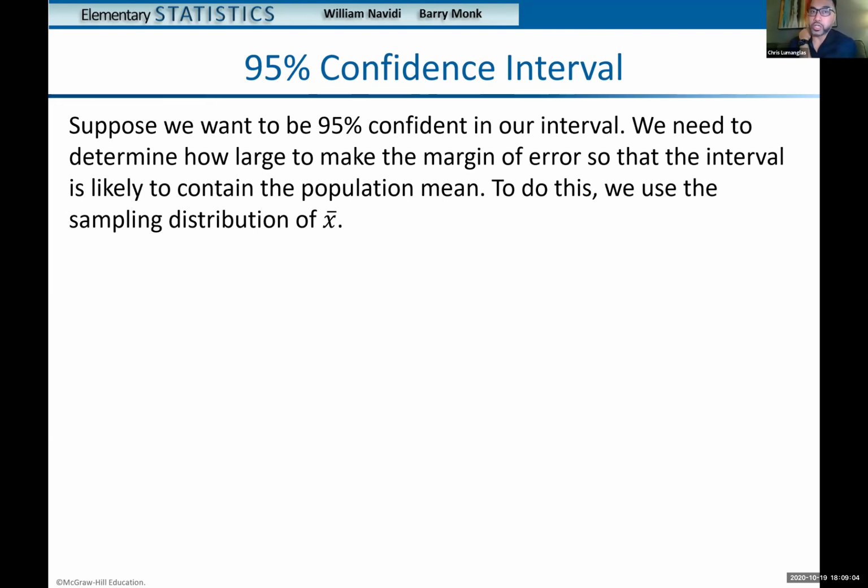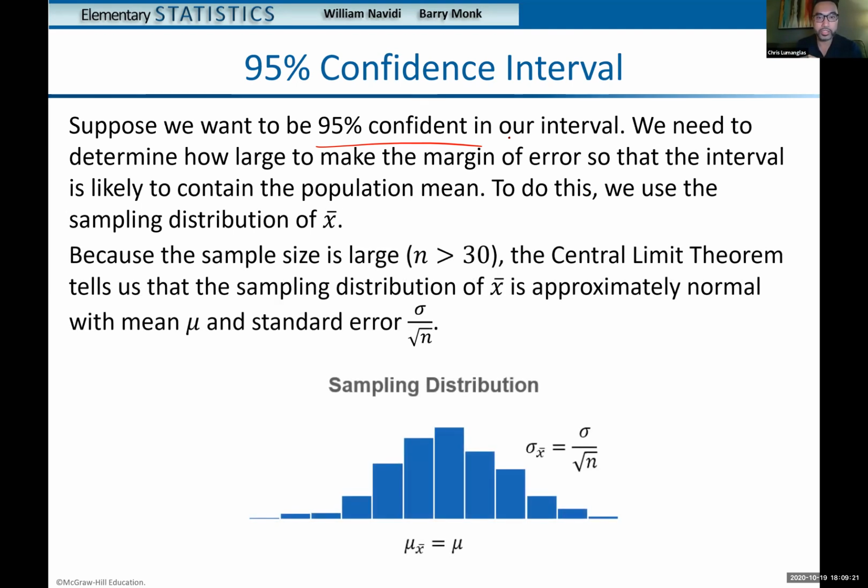All right, suppose we want to be 95% confident in our interval. We need to determine how large to make the margin of error so that the interval is likely to contain the population mean. So to do that, we use the sampling distribution of the mean. Because last time, remember, you learned about the central limit theorem.